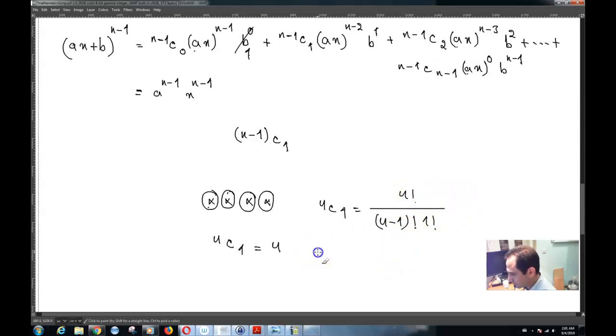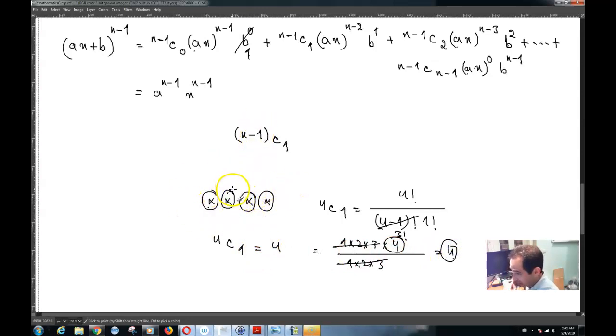So this is basically simply 4 factorial, which I can write as 1 times 2 times 3 times 4 over 3 factorial, that's 1 times 2 times 3, times 1 factorial, which is equal to 1. So you see that you will be left with a 4. So that means that there are 4 ways of taking one marble out of 4 marbles.